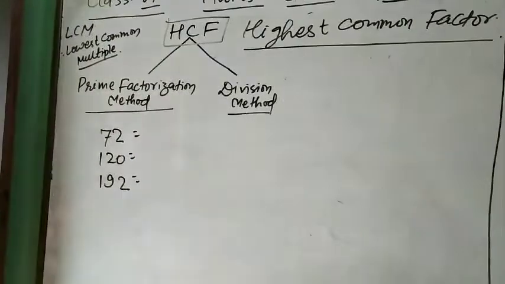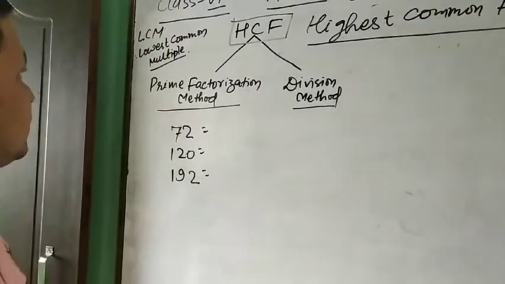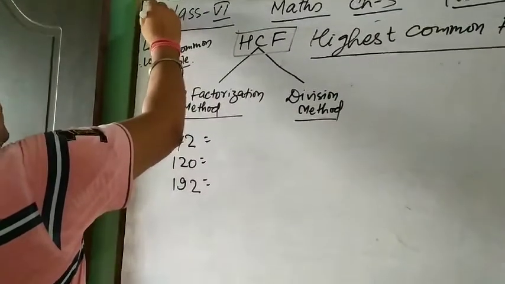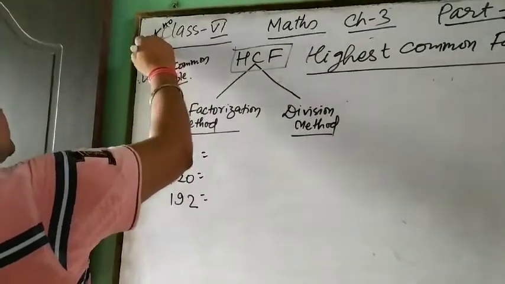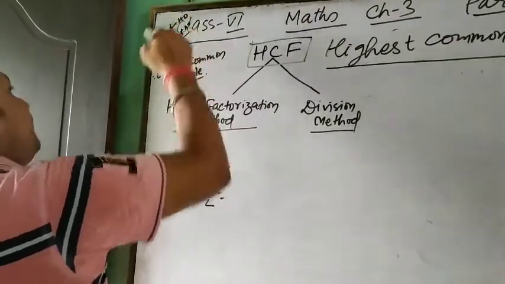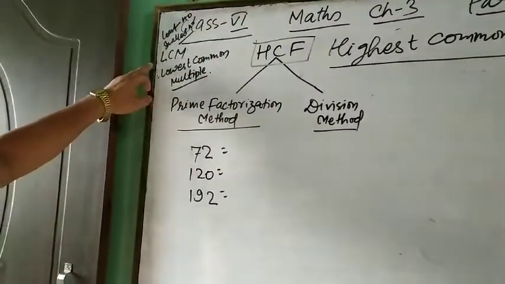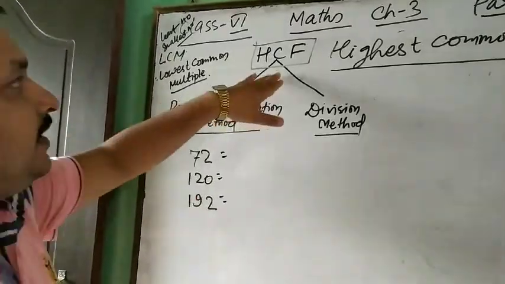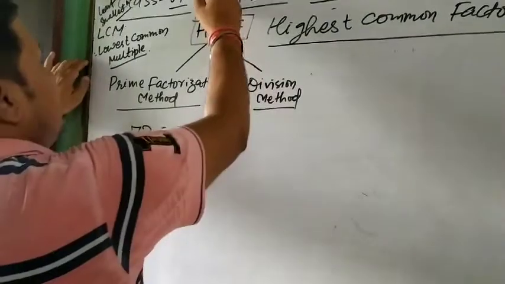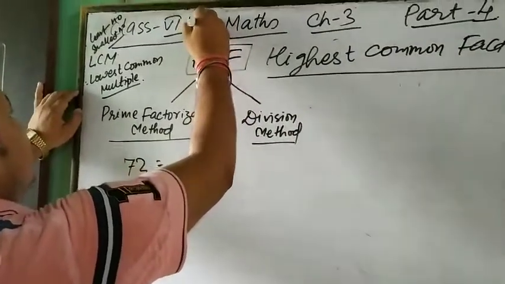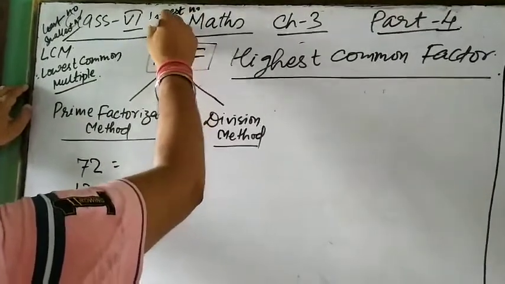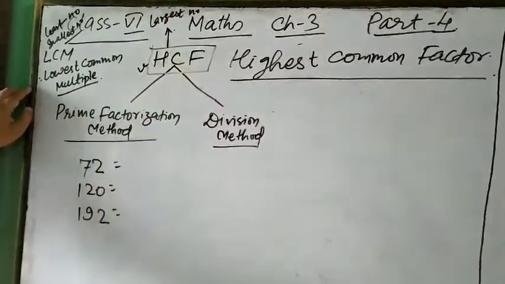In the LCM, if you have any word problems, they must say least number or smallest number. It identifies that you need to find the LCM. In the HCF, if word problems mention the largest number, then we can find the HCF.